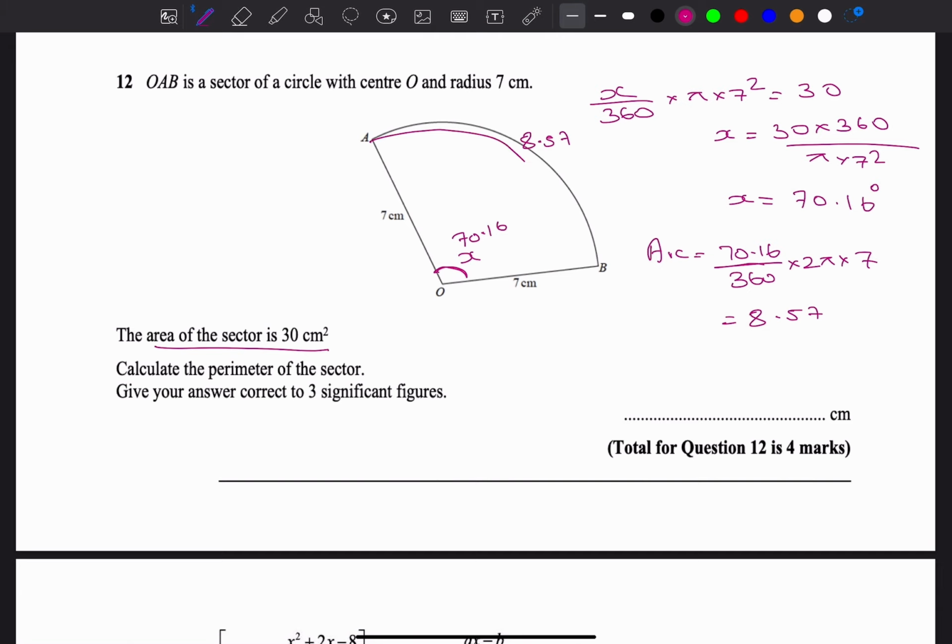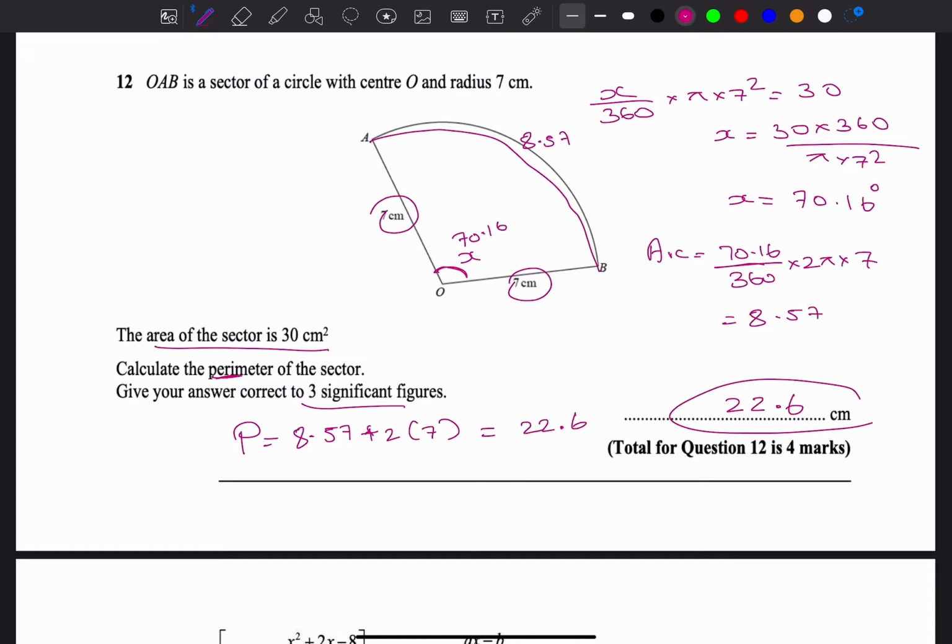Remember, arc is this. Okay, they want the perimeter. So the perimeter is 8.57 plus 7, 7. So basically 2 sevens here, right? Which will give you 22.57, but you want 3 significant figures, that means 3 numbers only. 22.6 is the answer.